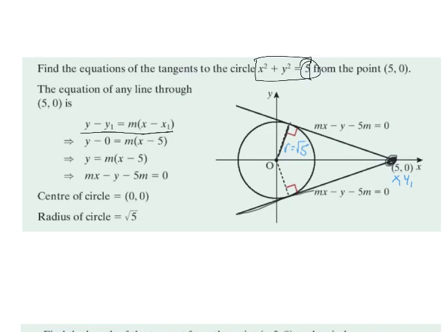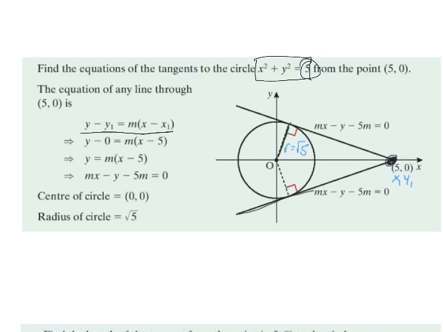What we don't know is the slope. We don't know the slope of the two tangents, and actually it's going to be two different slopes, one positive and one negative. But we will just leave it as m for the moment, and then multiply out our equation.